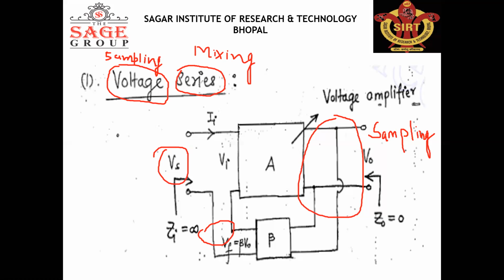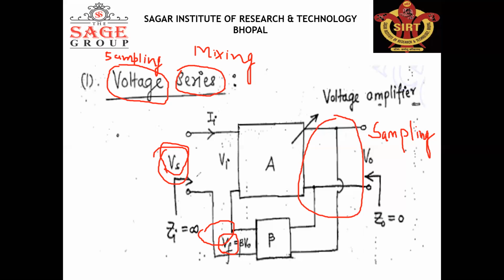When the mixing is done in series form, the signal should be in the form of voltage. So here is the feedback signal in voltage form, and this is the input signal in voltage form. So two voltage sources should be connected when the mixing is done in series form. When the mixing is done in parallel form, then these two sources should be in the form of current, right?